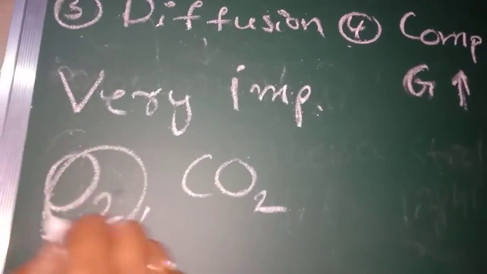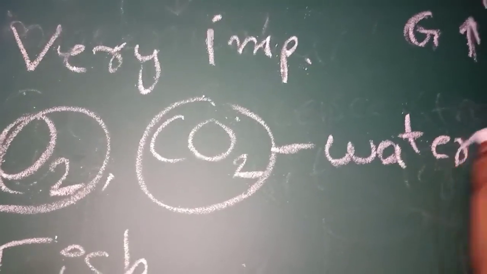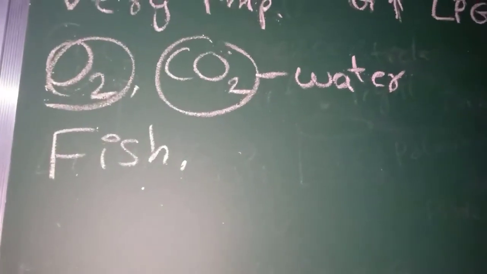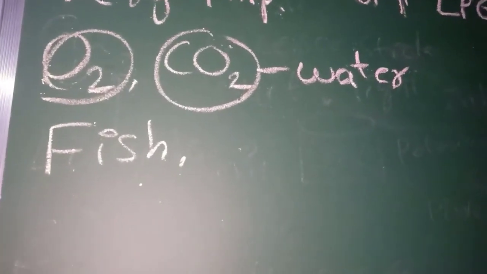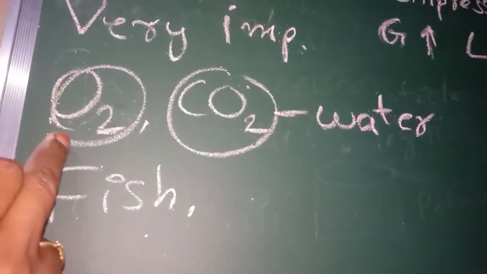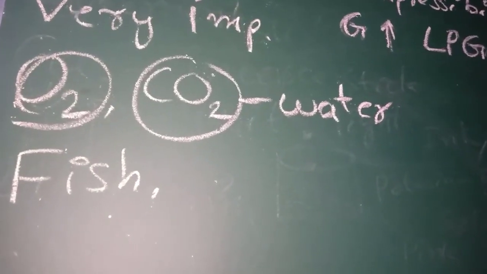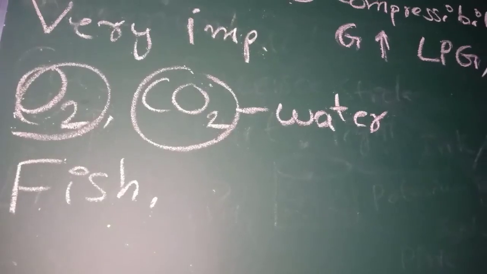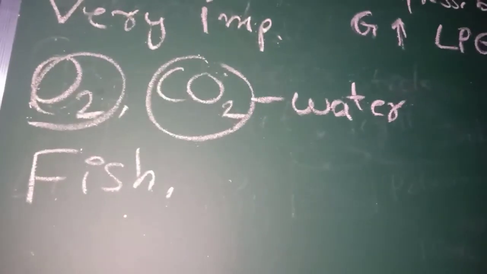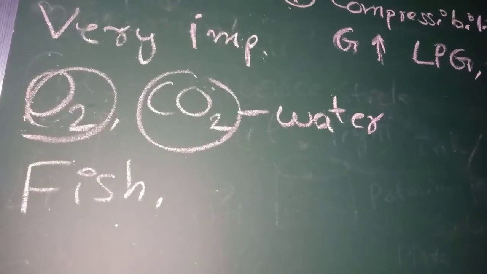If these two were not diffusible in water, there would be no oxygen in water and no living things in the water. So these aquatic animals live with the oxygen diffused in the water, and the plants underwater live with the carbon dioxide diffusing in the water. So this is a very important property of gases.